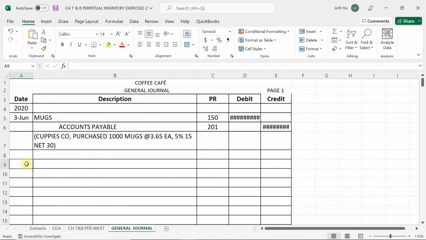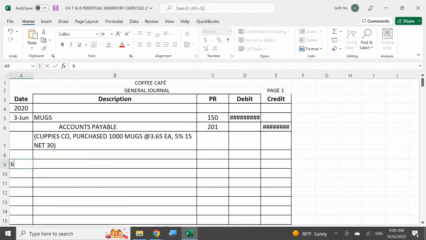In this case, today is June 5th. We're going to reduce the amount that I owe, because I'm trying to get a refund. And then I'm going to take it out of my mugs, because that's where I've currently placed all of my inventory items.